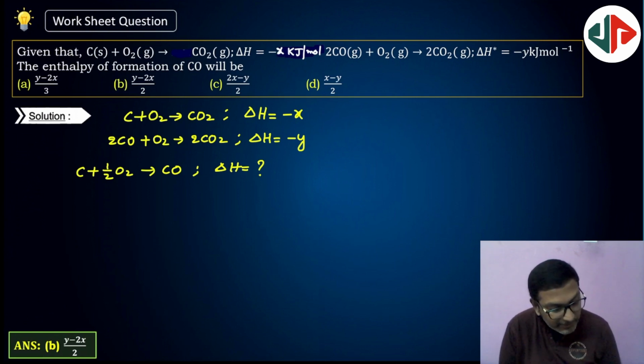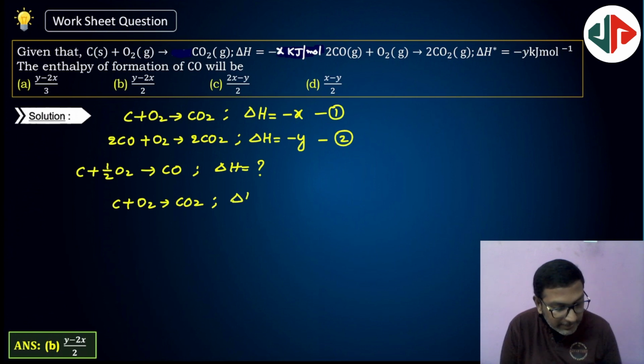So equation 1 as it is. C plus O2 gives CO2. For this delta H is minus X. Next, I am reversing equation 2.